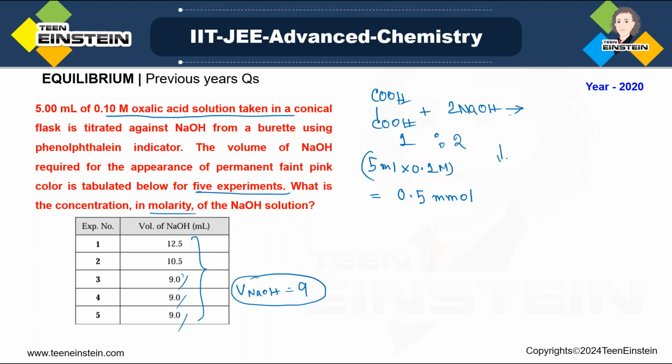Similarly, NaOH concentration you do not know. Suppose the concentration is X, but volume you know. So this will give you 9x millimole.